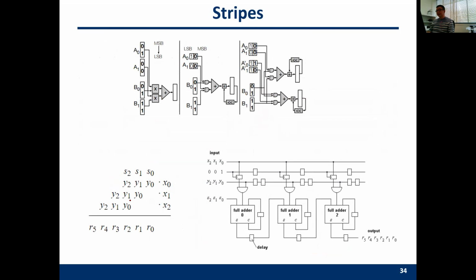So here is one example of the dynamically configurable addition or multiplication. The basic unit here is still the 1-bit full adder. They have some reconfigurable interconnection to connect them together.